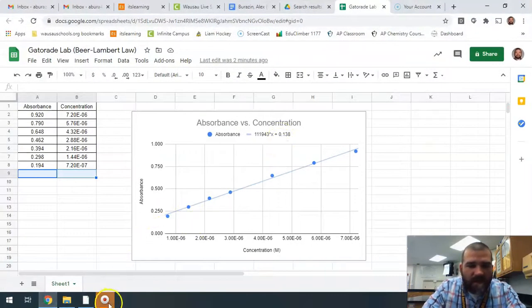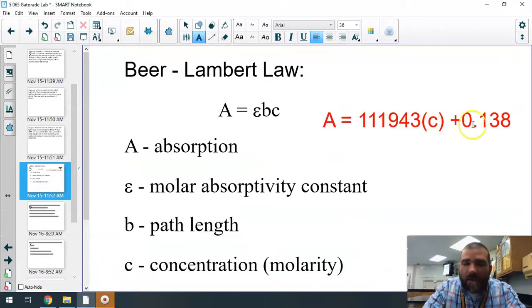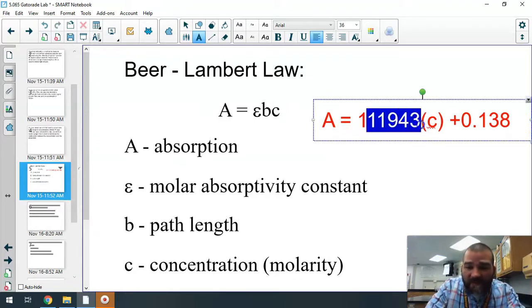Okay. And this is our Beer-Lambert law specifically for blue dye at 560 nanometers. This is our data for this lab, for this dye at this specific wavelength. This number means nothing to anyone except for us and our data.